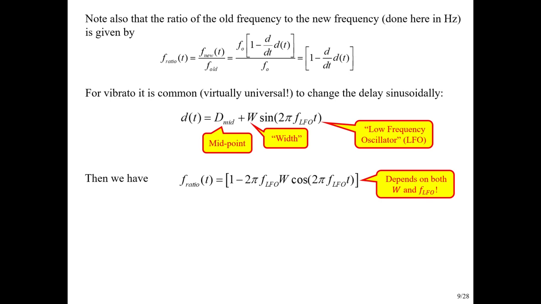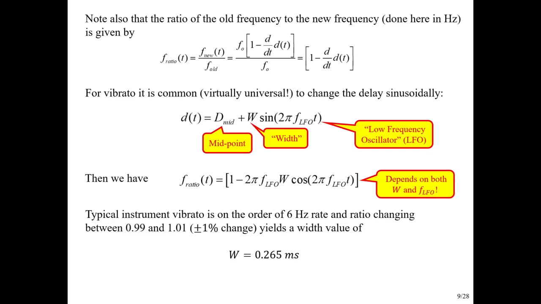Well, it's going to be symmetric, as we can see here, at least from a ratio point of view. But the extent of that is going to depend on two factors. So there's kind of an interaction between the delay width and the LFO's frequency. So that's something that isn't obvious when you start off thinking about these things.